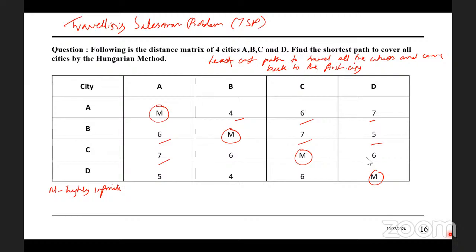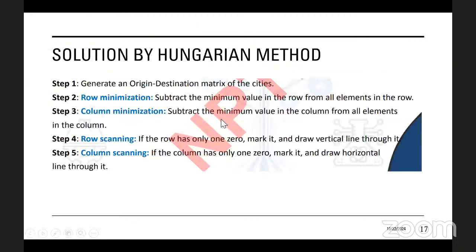Now, the method that we use to solve this kind of problem is called the Hungarian method, where we have the origin destination matrix of the cities. From there, we first do a row minimization exercise, where we subtract the minimum value in the row from all the elements in the row.